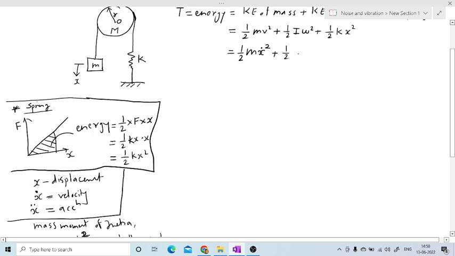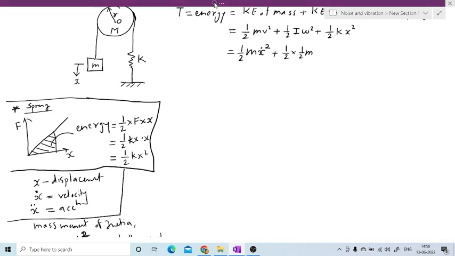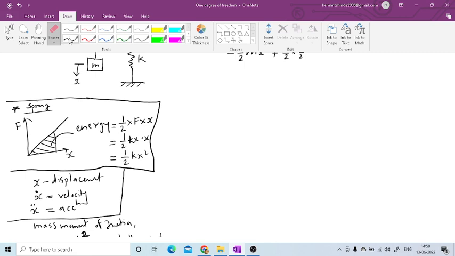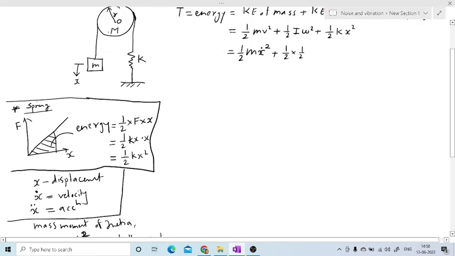1/2 I, where I is the mass moment of inertia. For the drum, the mass is capital M, so I is 1/2 M r square, which is the mass moment of inertia.